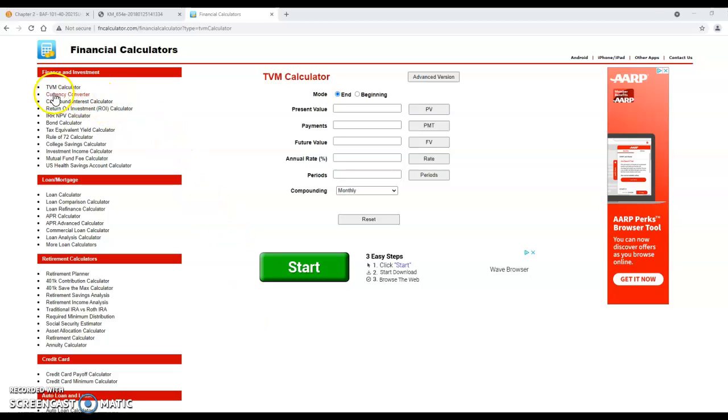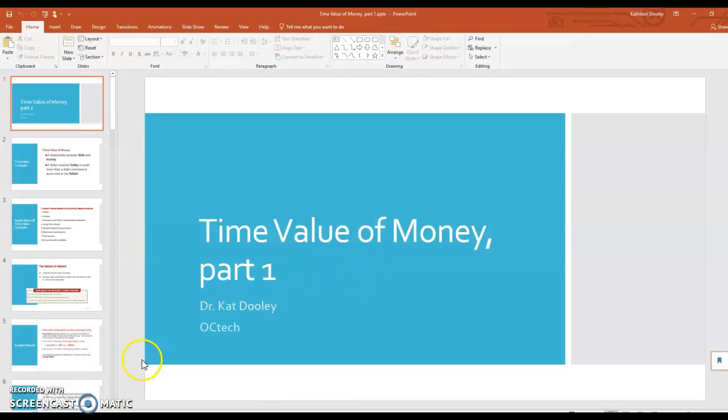The very first one that's listed in the app as well as on here is the TVM calculator, time value money calculator. So we can just use that. We're going to go through and do some of the same problems that were in the PowerPoint, and do them on here to see how to do it. So let's take a look at our first one.